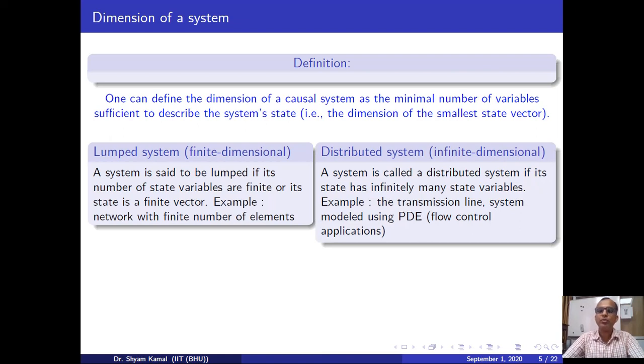I have also another class of system that is called distributed system, and believe me, most large systems will fall in this category.